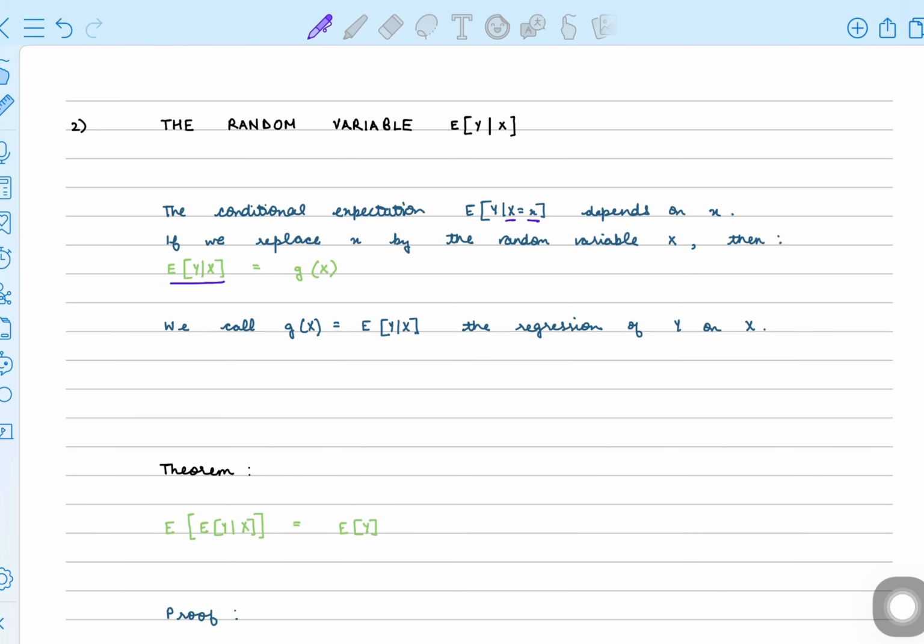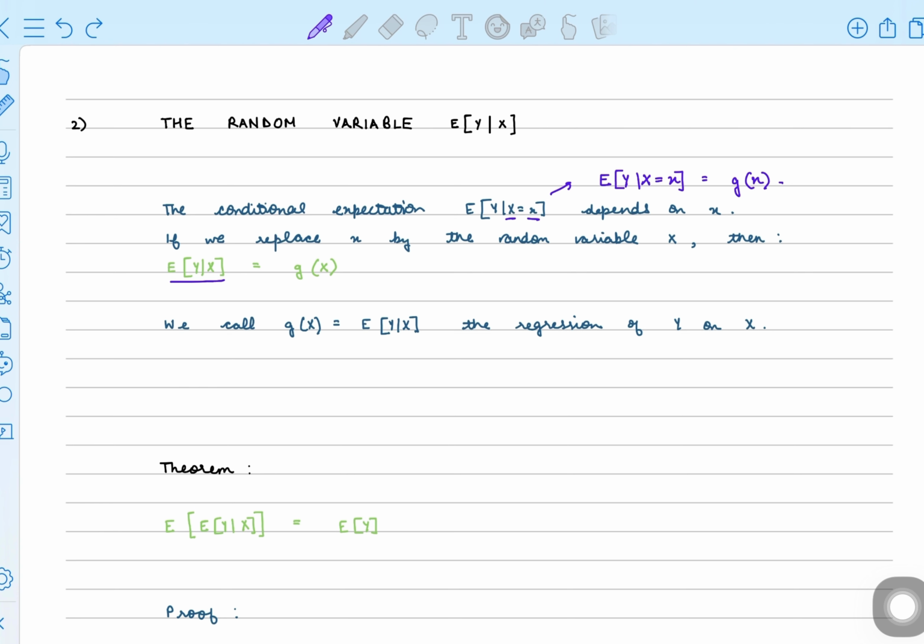Now if we have the case where the expectation of the random variable y, when the random variable x is known to have a particular value small x, then we can represent this as a function of small x.